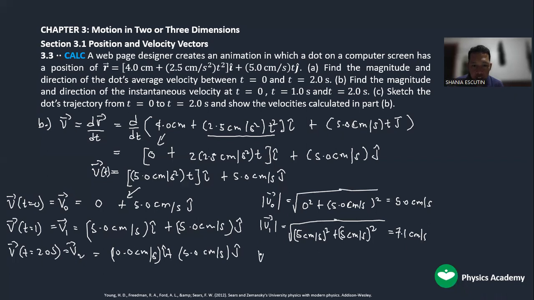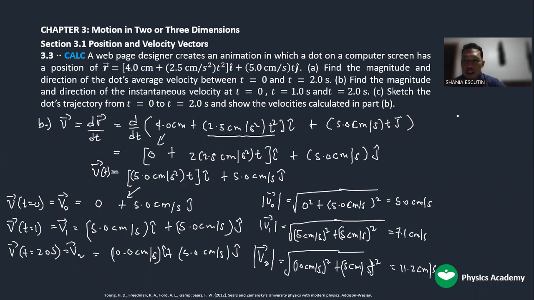If you want to find the magnitude for v sub 2, we have 10 squared plus 5 squared, which will give us 11.2 centimeters per second.